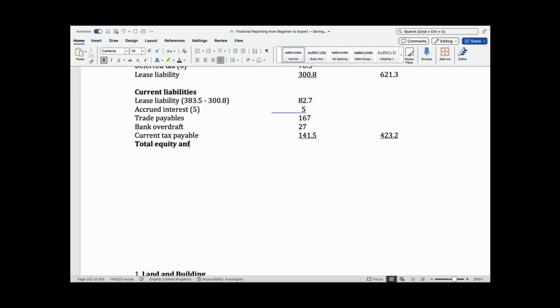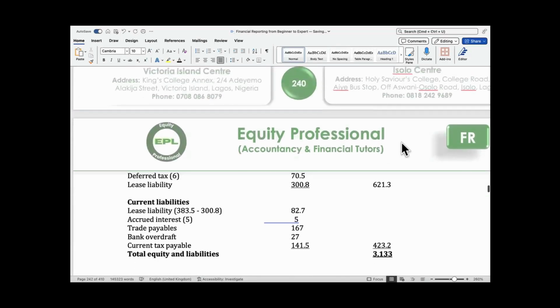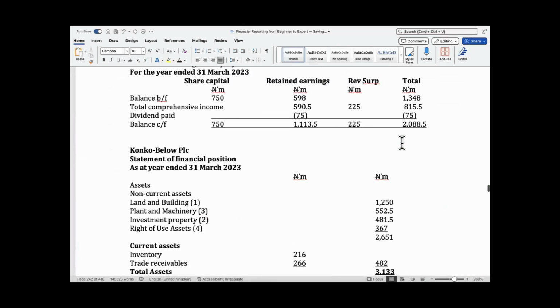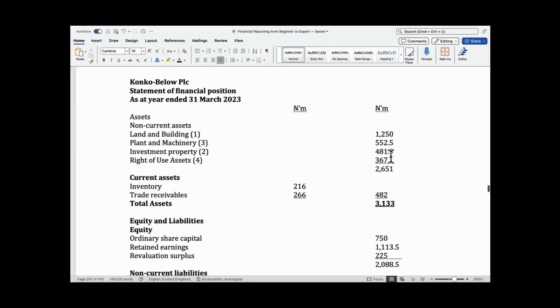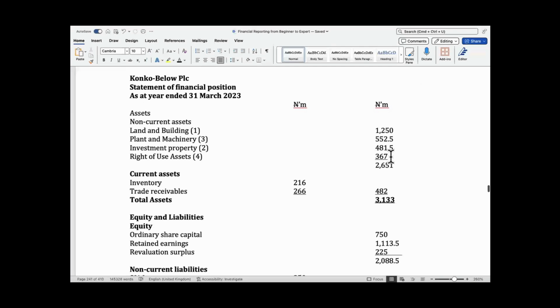So in the exam, it's very rare for you to have a balanced statement of financial position. Is a bit rare. If you don't have a balanced position, it doesn't really mean anything.